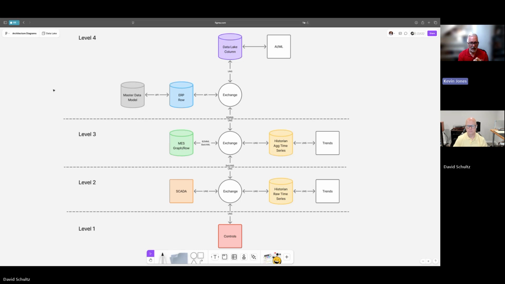But you have UNS going up from level four to level three, and also in level four between the exchange and the data lake. Does that imply that we are actually using MQTT for it, or is there another concept you're conveying by saying, "Hey, we're exchanging data with the data lake using UNS"? All it's meant to say is this is going to be the structure of that information that's being exchanged.